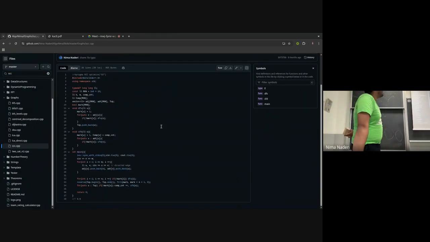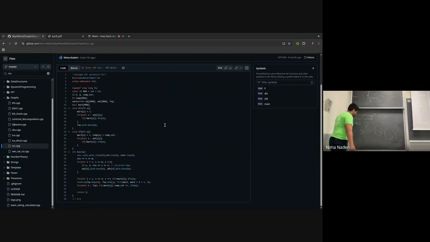So for the SCC, the thing that we do is kind of the same. Basically, instead of doing the normal topological sort, you can reverse it. Consider the topological sort for this general graph.